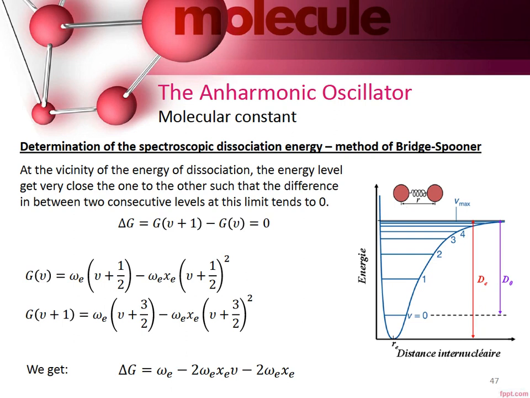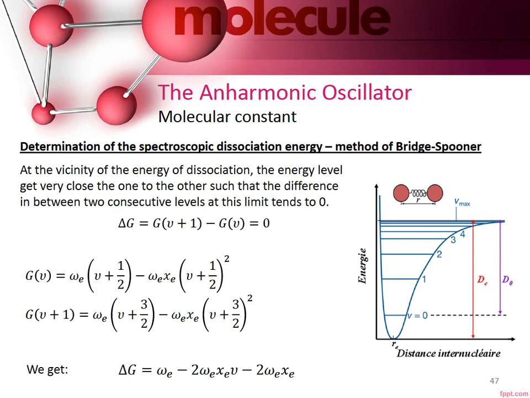Well, as we said, this is the Morse potential: the more the vibrational quantum number increases, so we are increasing the energy of the vibrating molecule, the more the energetic separation between the vibrational energy levels gets smaller.